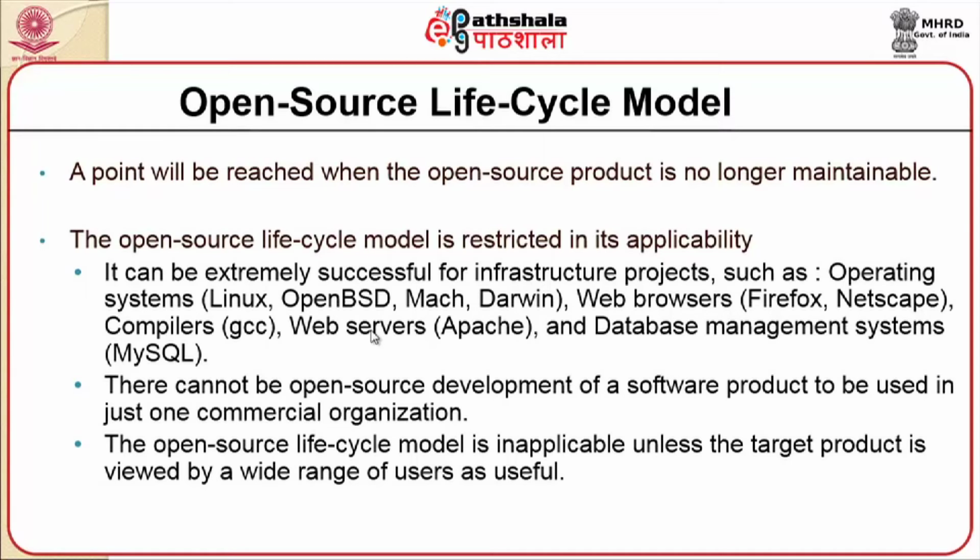There cannot be open source development of a software product to be used in just one commercial organization. So the open source software lifecycle is inapplicable unless the target product is viewed by a wide range of users as useful.